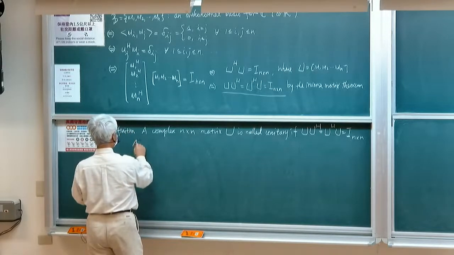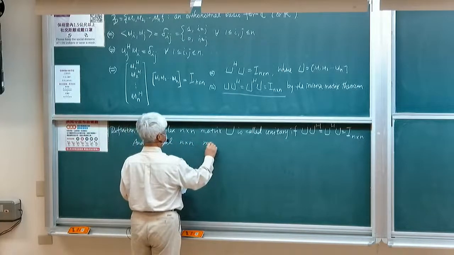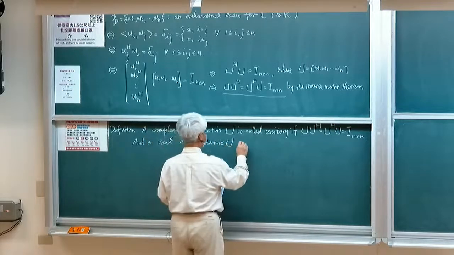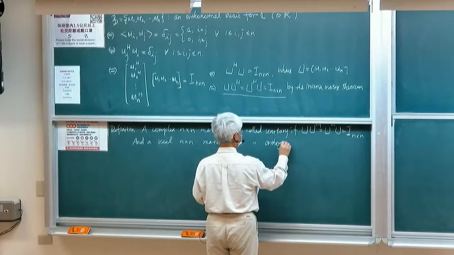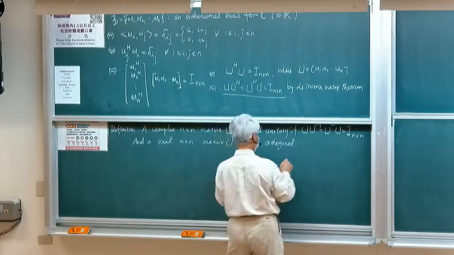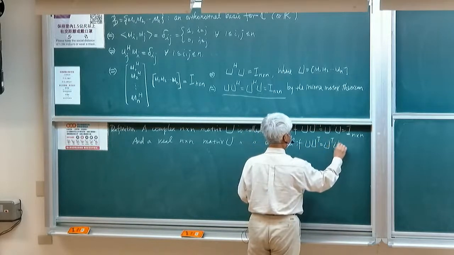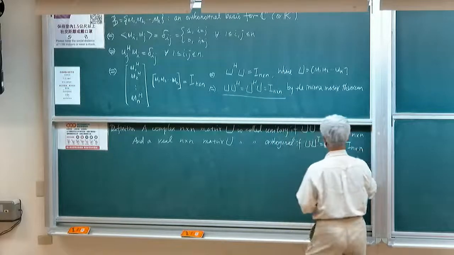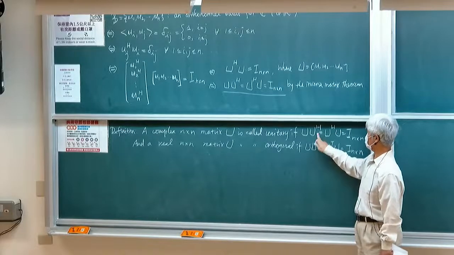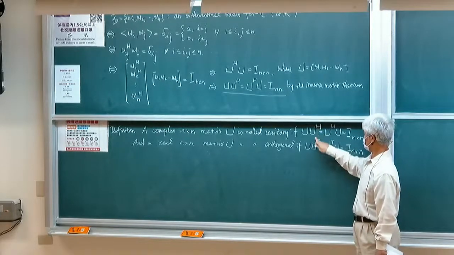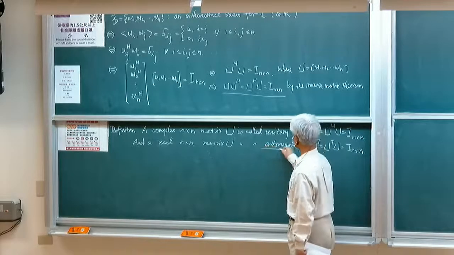And a real n times n matrix U is called orthogonal if U transpose U equals the identity n times n, because for a real matrix, the Hermitian transpose is just the transpose. So they are called orthogonal or unitary.